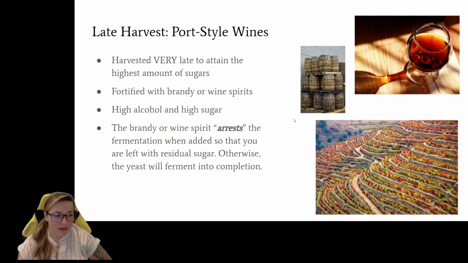Why does that work? Once we get above 15% textbook wise, but in reality you're close to 18 to 20% alcohol in your solution, no yeast or bacteria can thrive in that environment, and therefore you don't have to worry about re-fermentation of that residual sugar that's left behind, right? So that is how a port style wine is made.